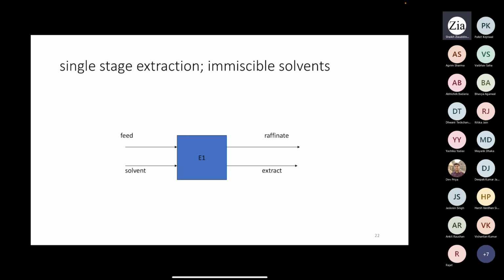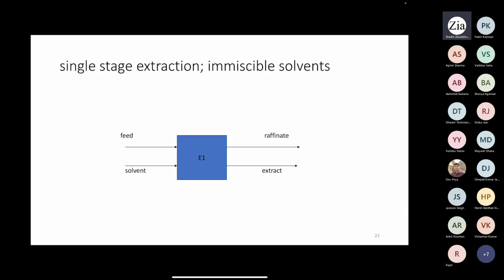So you can have a single stage extraction unit, or you can have a multi-stage extraction unit. Based on your extraction efficiency, you will decide what kind of extraction system you need to use, and also the sequence. Suppose in the first extractor, we are trying to remove most of the aqueous or water soluble material. Now you use a solvent which will try to remove those hydrophilic components.